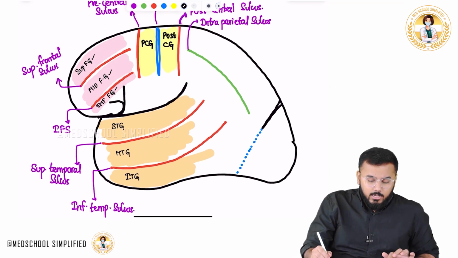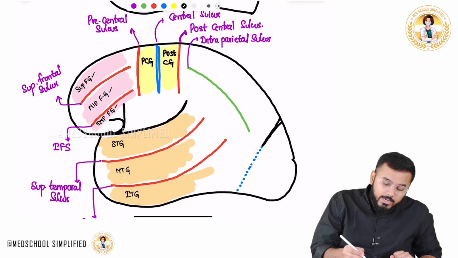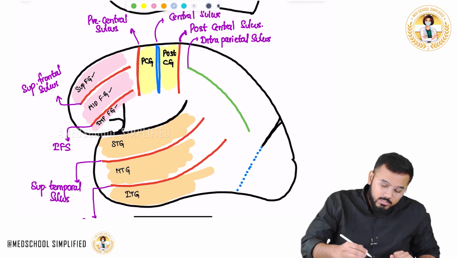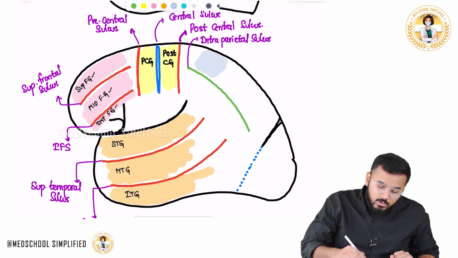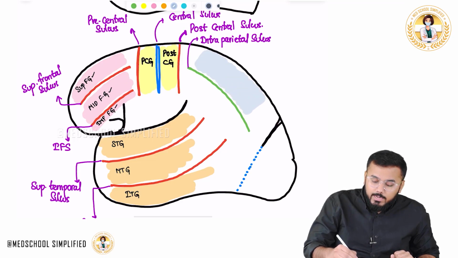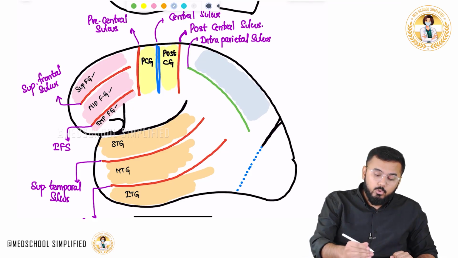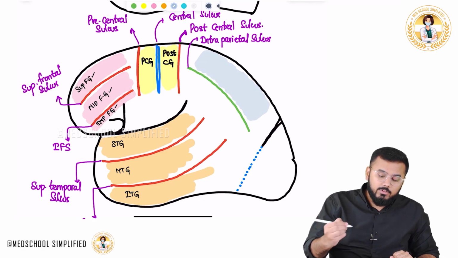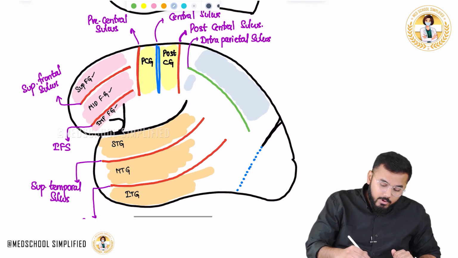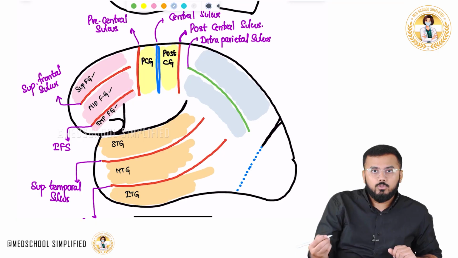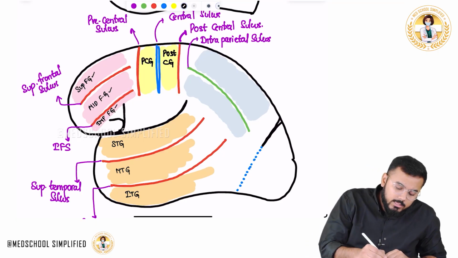Okay, next, what is this here? We have something called the intraparietal sulcus. So the intraparietal sulcus is dividing the parietal lobe into two other gyri. One gyrus which I have drawn on the top. Now I am drawing another gyrus which is located on the bottom like this. So there are two gyri. What are these two gyri?